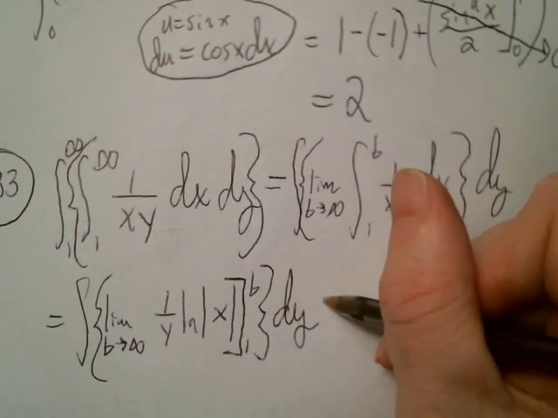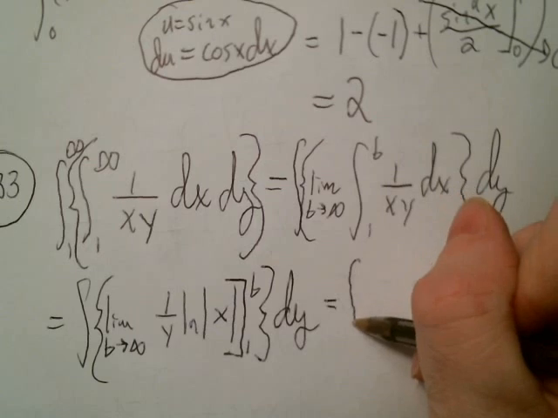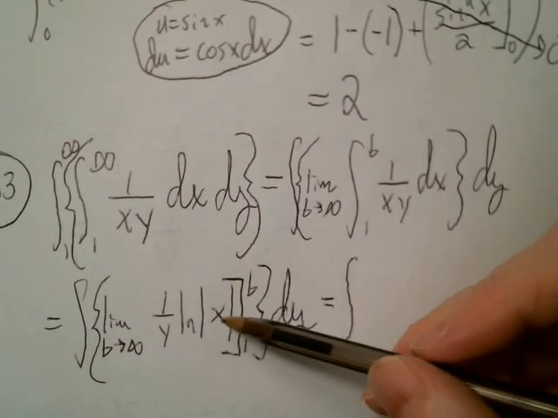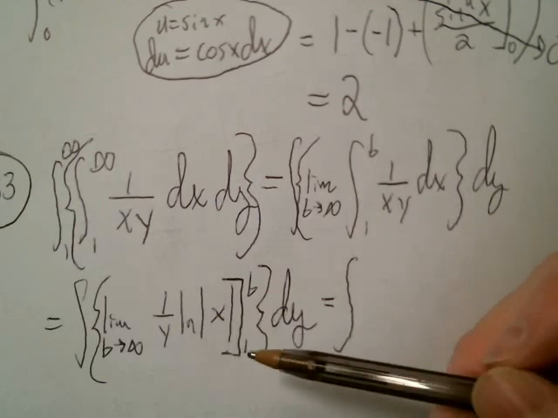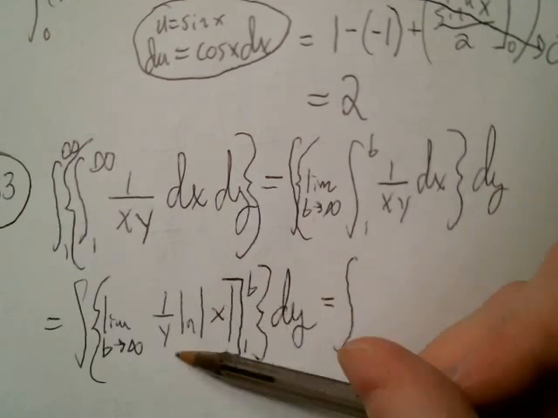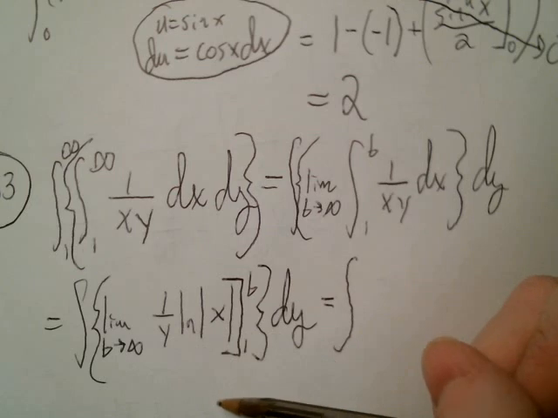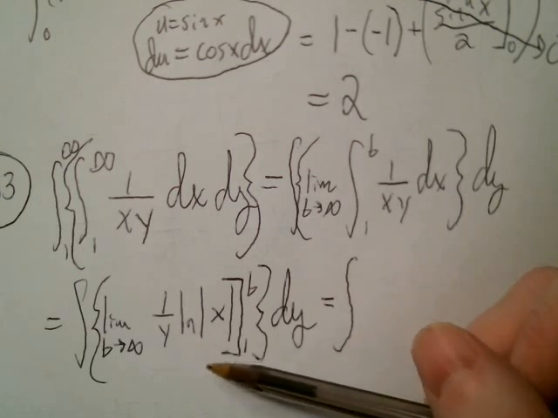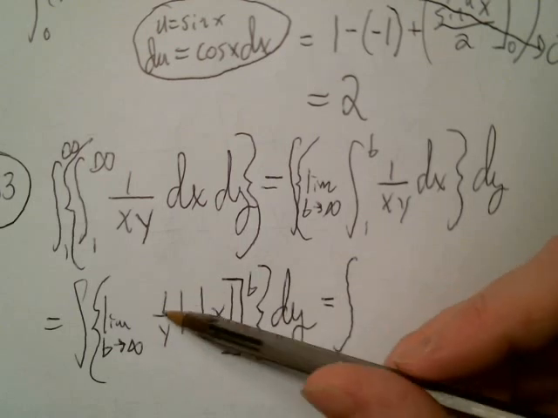Here, this limit will go to infinity as x goes to infinity. There's no way to get a y value that's 0 or something weird like that to cancel it out. You just consider it as a constant.